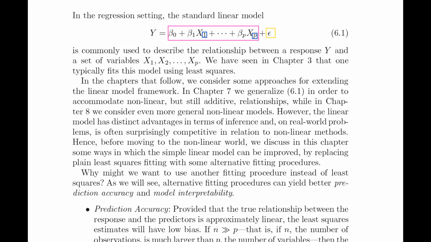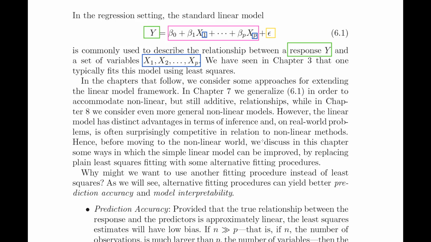And this formulation is commonly used to describe the relationship between response y, a numerical response y, and a set of variables x1 until xp. We have seen in chapter 3 that one typically fits this model using least squares.